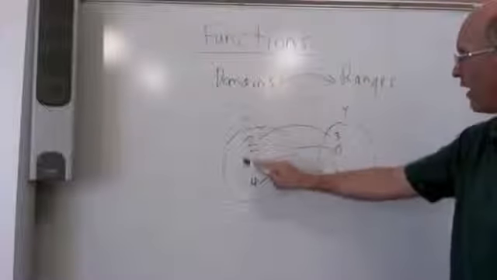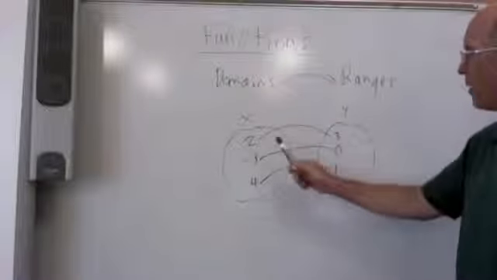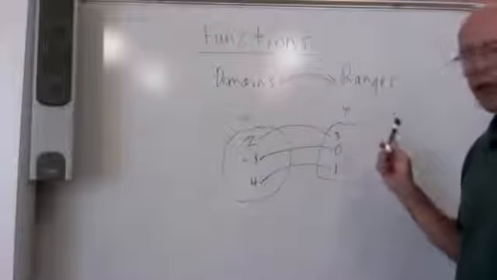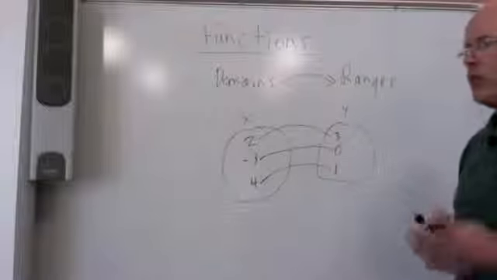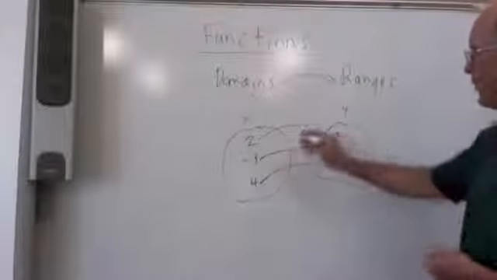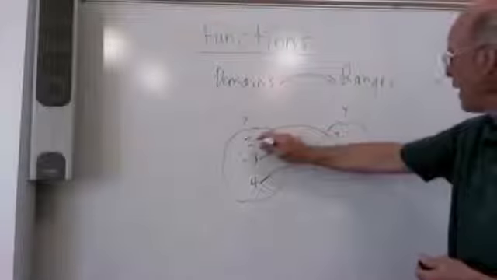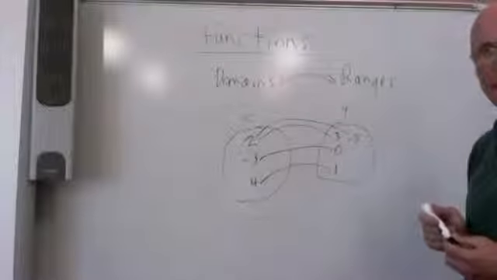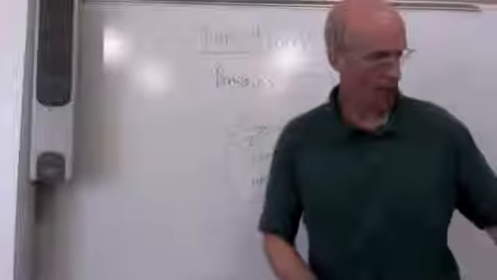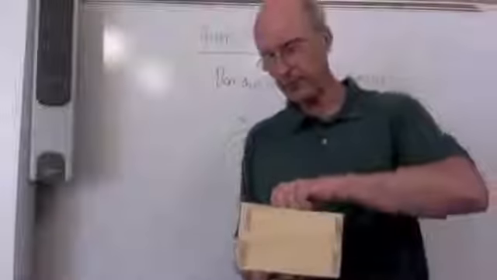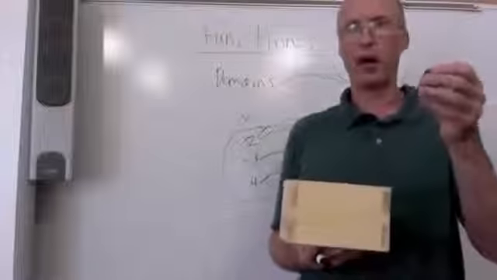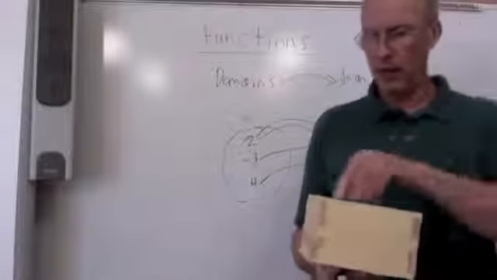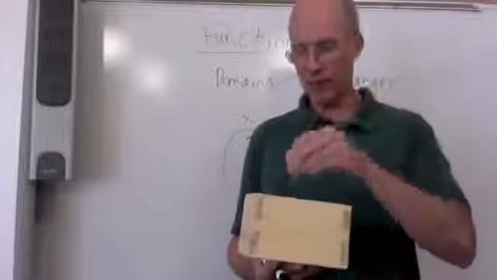A function is a set of x values or domains that map only onto one specific range. In other words, you can't have 2 related to 3 and to -5. That's not okay. So again, with my low-tech example here, if we had a black pawn, I put it into the box, cover it up, magic, out comes a black king, that's acceptable.